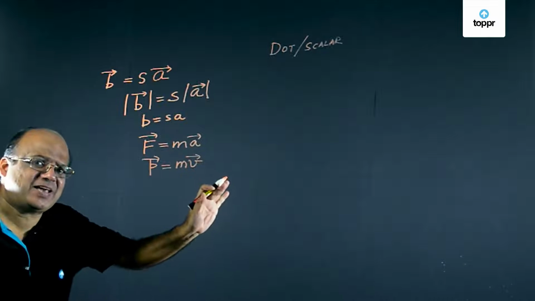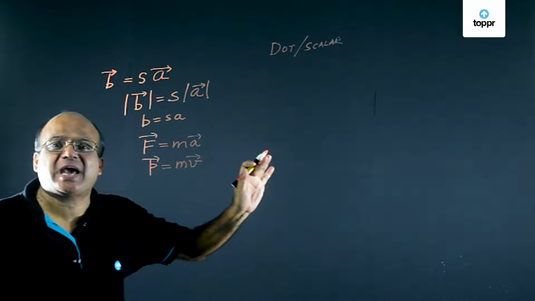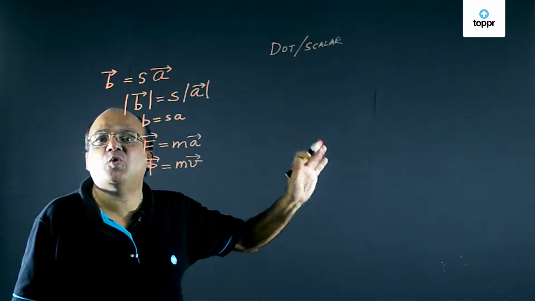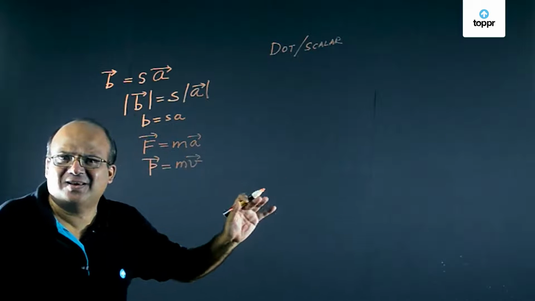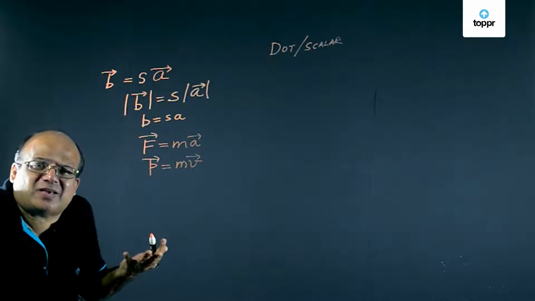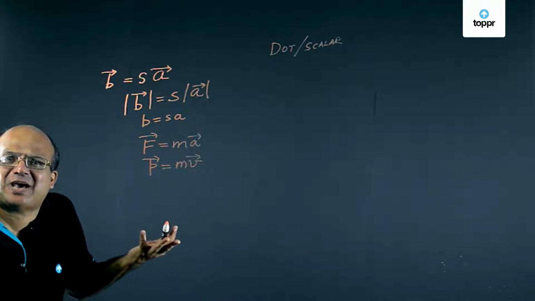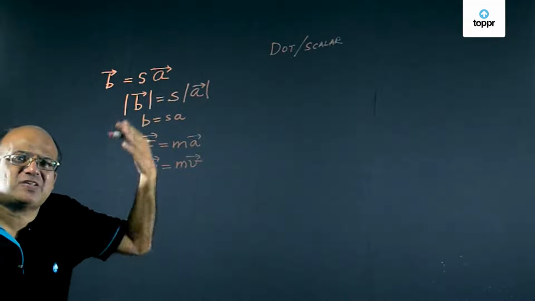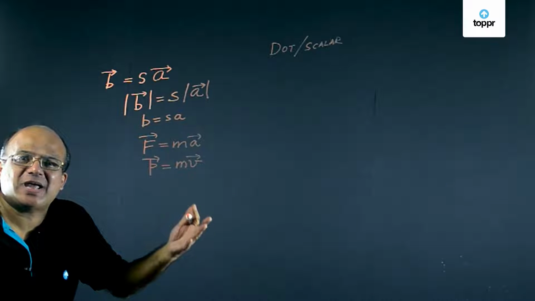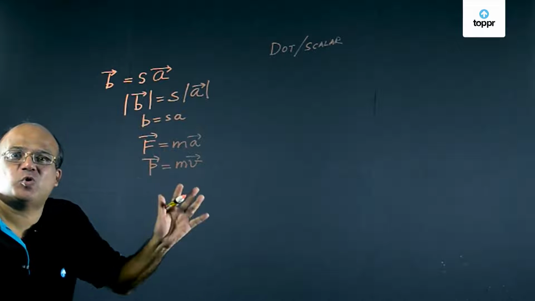And since it is a scalar, there will be no i cap, no j cap, no k cap in the answer. This is a mistake students make. When they do dot product, they write i cap, j cap, k cap. But dot product gives you a scalar. So there will be no i cap, no j cap, no k cap.